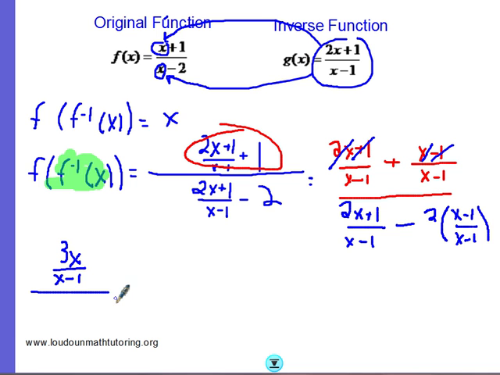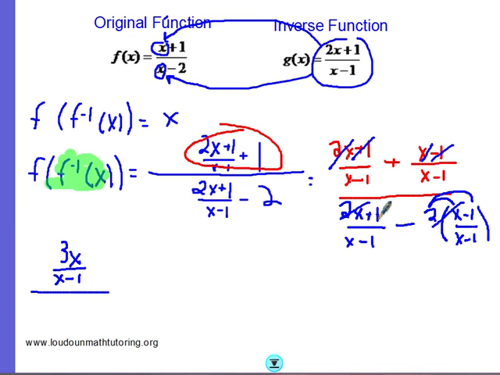Okay, still haven't gotten rid of all our fractions yet. Over here we have 2x minus 2x. I'm going to distribute this 2. I'm going to get 2x minus 2x. So those will cancel. Now here I have a 1 minus negative 1. Oh, excuse me, we're distributing. Oh, here's what you got to watch out for, and I almost fell into that trap. Make sure you distribute that 2.